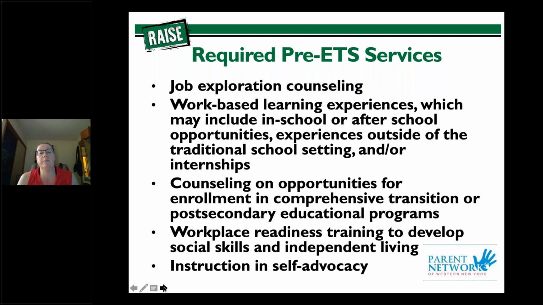So helping them develop those skills to make sure that on the job site they are getting what they need, that they can express things that do make that job better. So that's just a quick review of what we're here to discuss today.